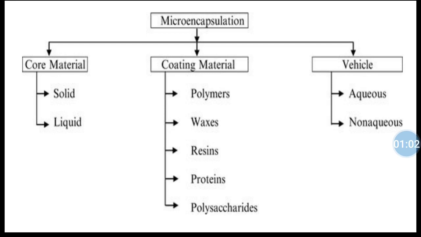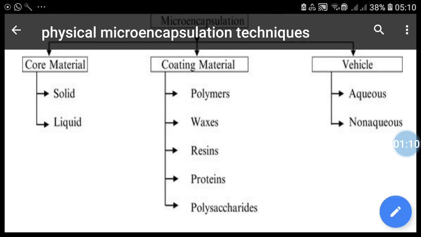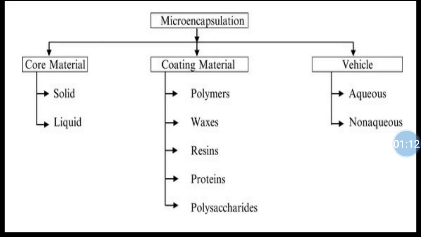The core material can be solid or liquid. The liquid can be a solution of active pharmaceutical ingredient, or it can be a dispersion, or an emulsion of the active pharmaceutical ingredient. The advances in microencapsulation also help to encapsulate gases.